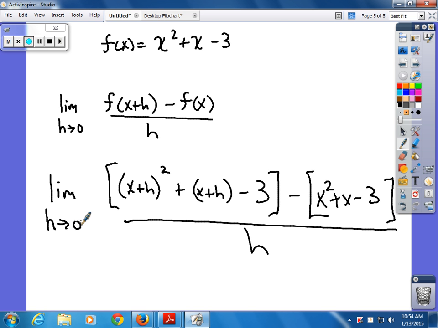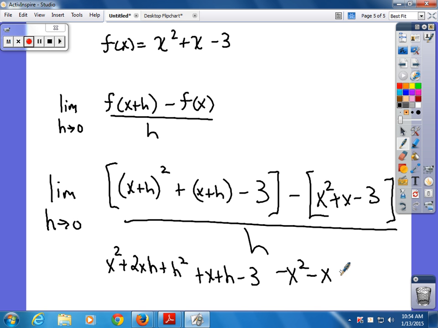So here's my handy-dandy shortcut number 1. So that's x squared plus 2xh plus h squared, plus x plus h, minus 3, minus x squared, minus x, plus 3, all over h.